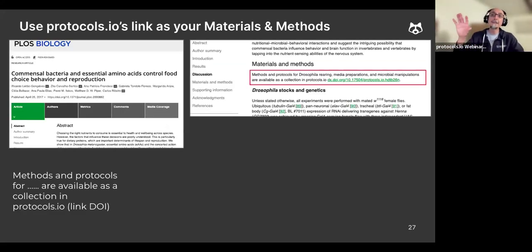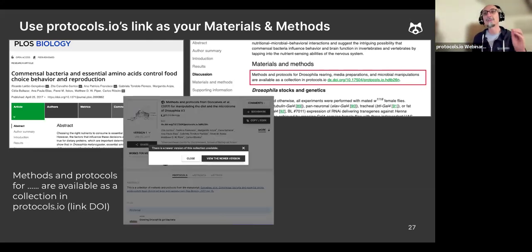So this is exactly what the authors of this PLOS Biology paper did. They created, deposited, and published their protocols in protocols.io, obtaining citable DOIs, which they then included in the materials and methods section, replacing most of the writing. Now, the reader, by following the link, has access to the detailed step-by-step protocol in protocols.io.